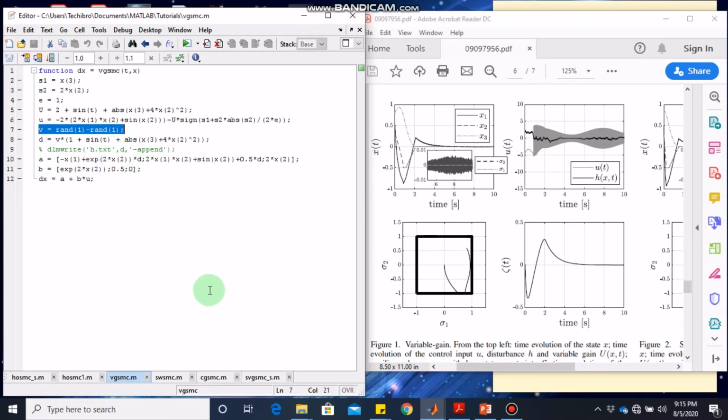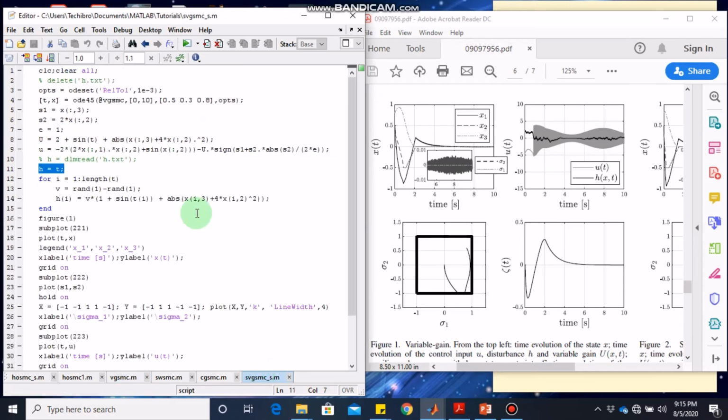I've already tried it, so I'm not going to use that. Instead, you can just create artificial values for this H function using this for loop, where V is equal to rand(1) minus rand(1), and H is this whole function as defined in the paper.